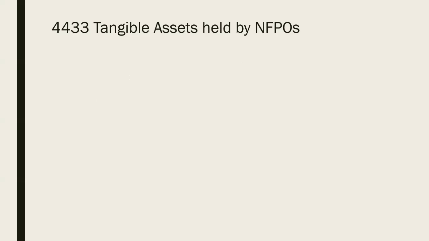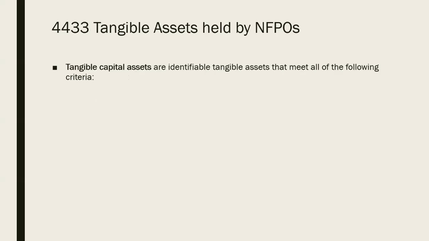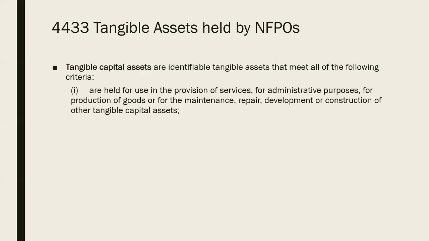Section 4433 deals with tangible assets held by not-for-profit organizations. Tangible capital assets are identifiable tangible assets which meet all the following criteria. They must be held for use in providing services or administrative purposes, for production of goods, or for the maintenance, repair, development, or construction of other tangible capital assets.